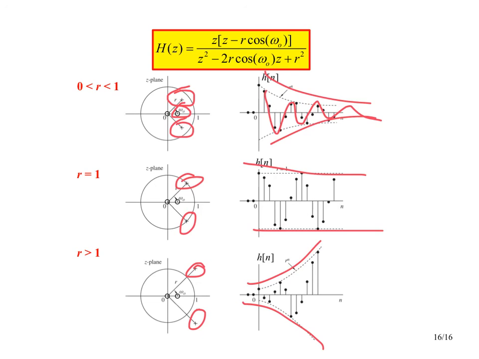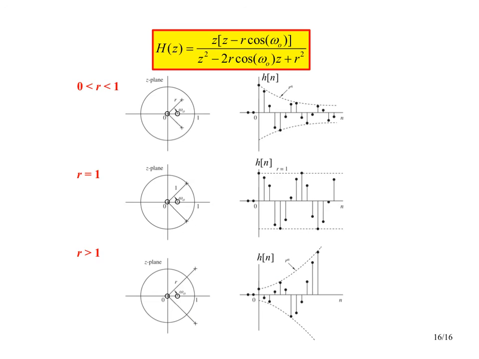And the angle of where the pole is sets how fast the thing oscillates. So if the angle is close to the real axis, then it will oscillate very, very slowly. If the angle is more out this way, close to plus or minus pi, then the oscillation will be very, very fast. So I encourage you to think about these relationships.